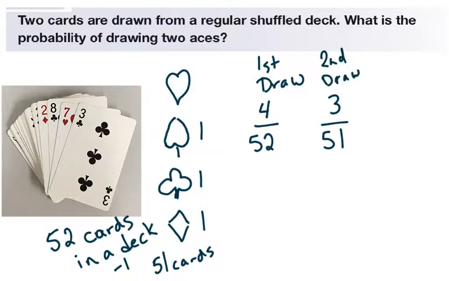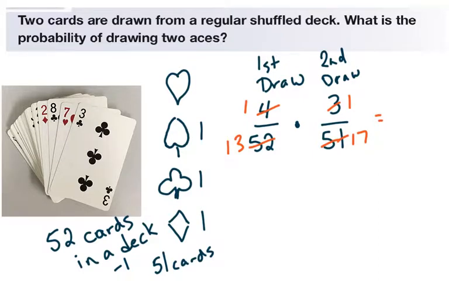So now we are going to multiply to find our probability. Now I'm going to do a little bit of reducing before I multiply, because I know that this is 1 out of 13. And 3 will go into 51 17 times. And this just gives me a little bit less to multiply.